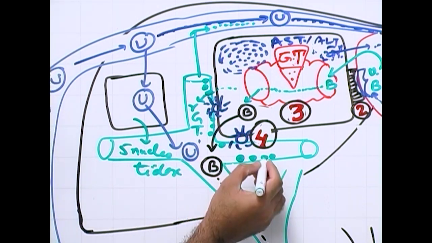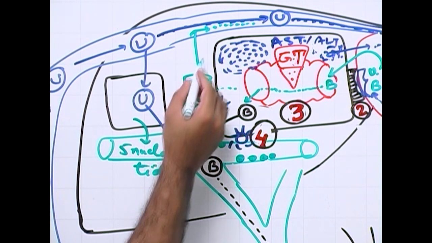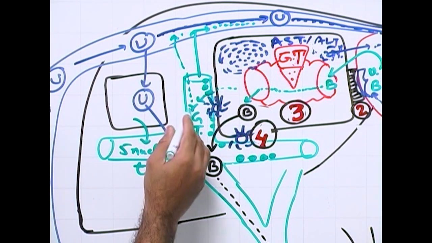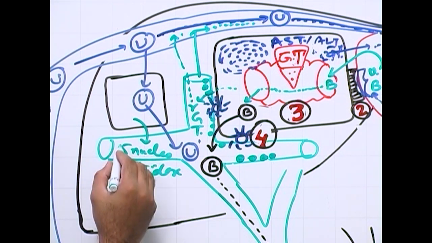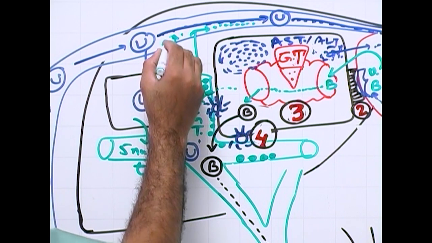Again, let me repeat it. First, what was this? Alkaline phosphatase. Whenever there is obstructive jaundice or any degree of cholestasis, alkaline phosphatase will spill to the circulation. Number 2, after that what will spill? Gamma glutamyl transpeptidase, and along with that, 5-nucleotidase may also spill into circulation.